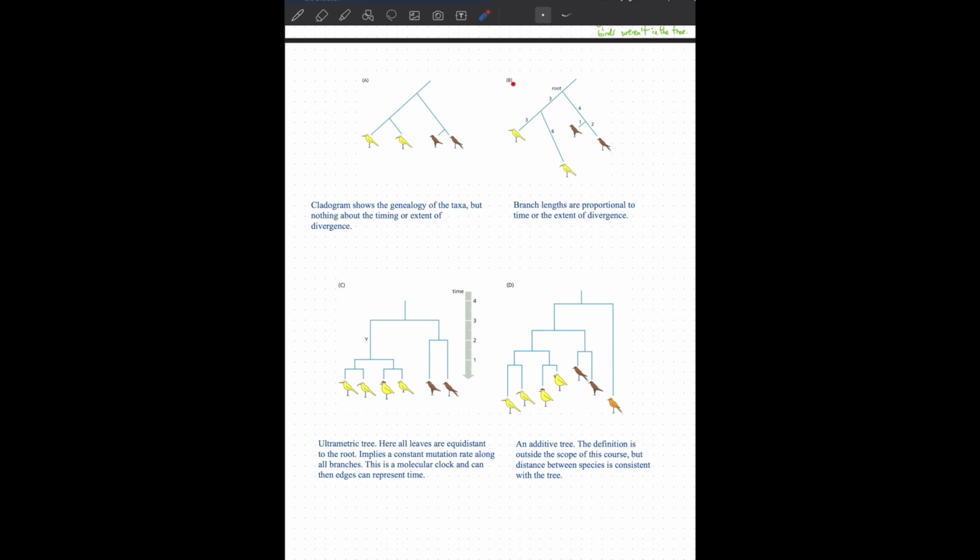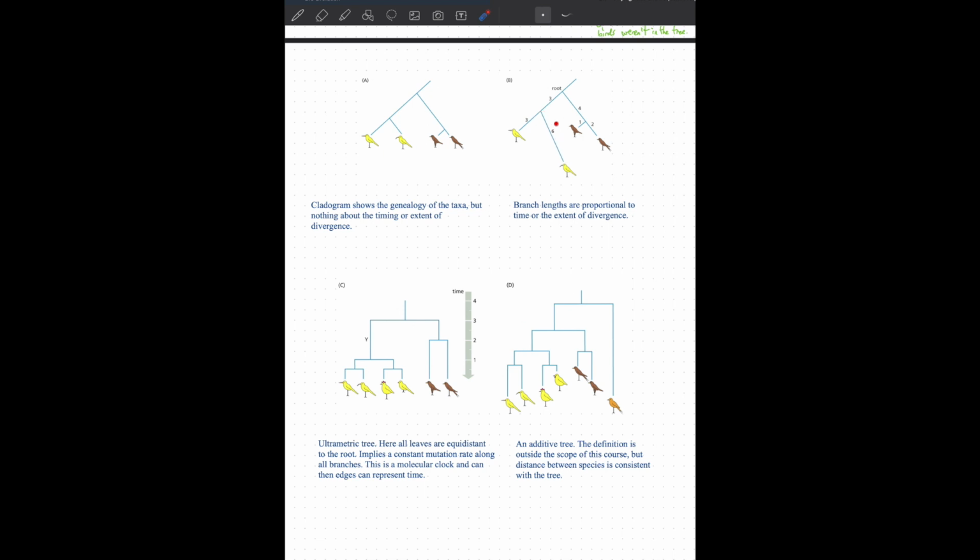It's sometimes convenient to put on here numbers that represent, for example, time or the extent of divergence. So, for example, this might be a measure of PAM. So this would be saying that for every 100 amino acids, we would expect 3 point mutations.